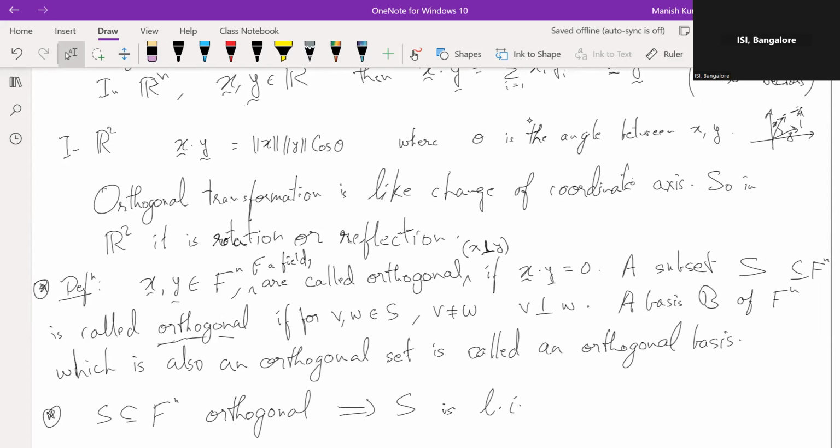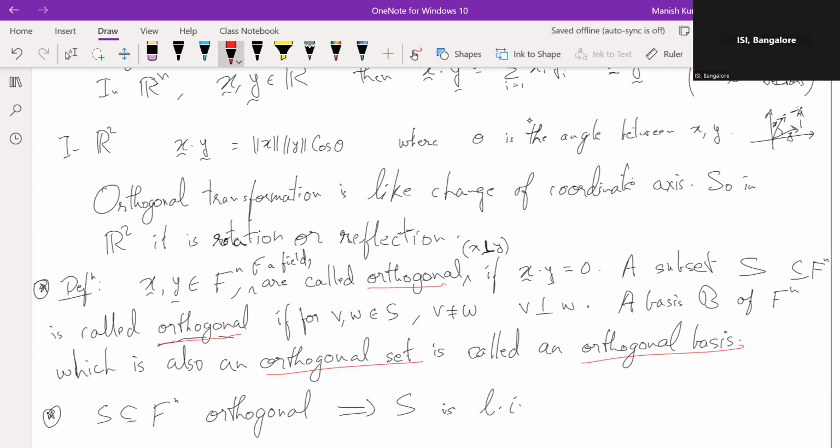So these are the three things we want to define: a pair of vectors being orthogonal, an orthogonal set, and an orthogonal basis. An orthogonal basis just means an orthogonal set which is also a basis.